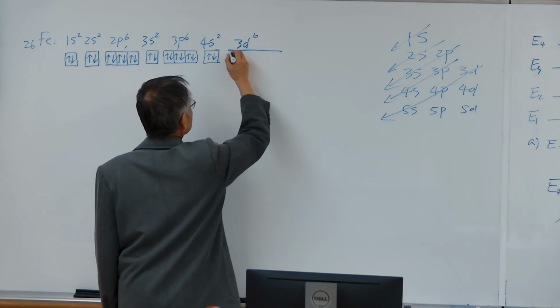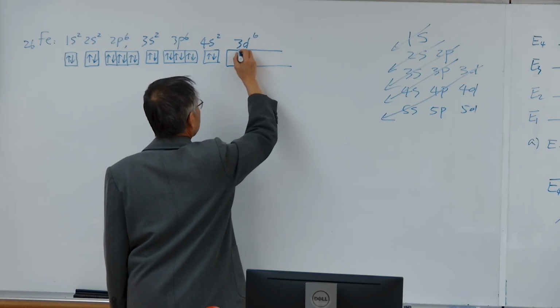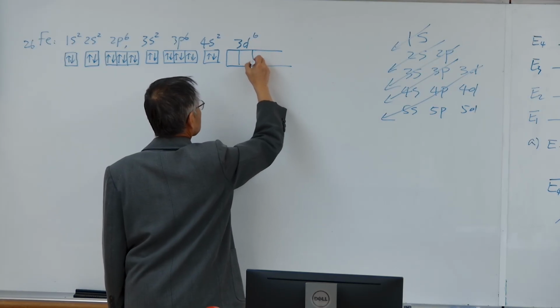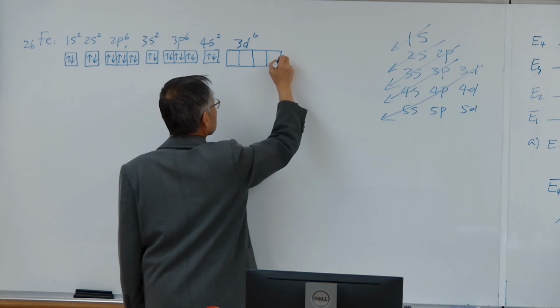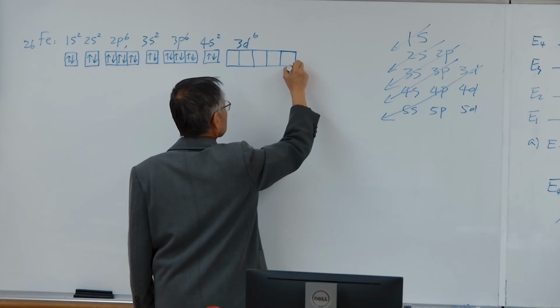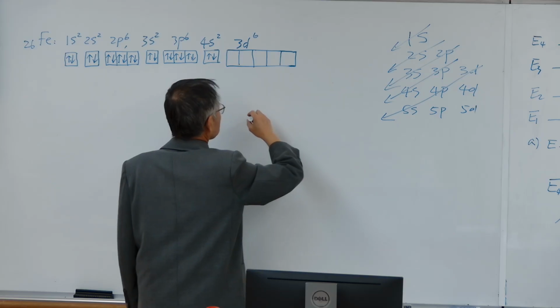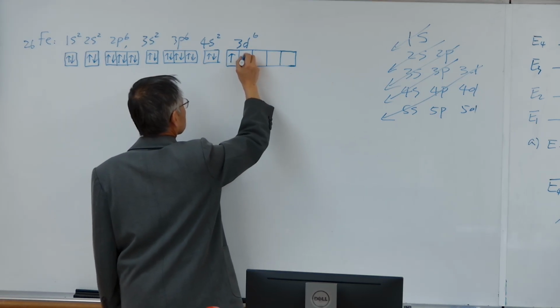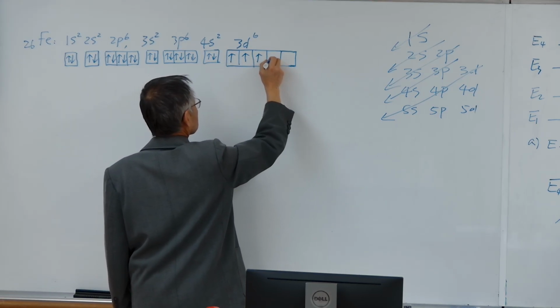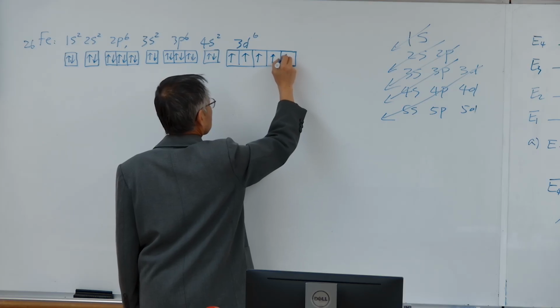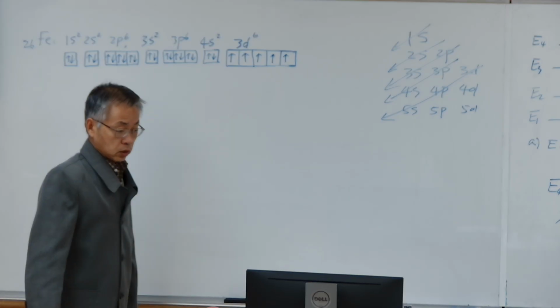The 3d has 5 orbitals. Each orbital places 1 electron first.